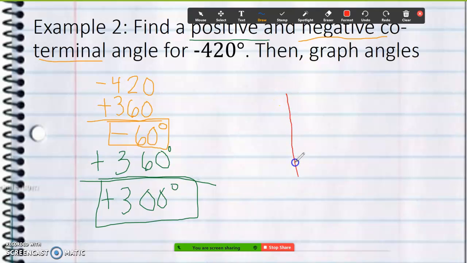When we graph negative 420 degrees, we're going to start right here, and because it's negative, we're going to go at least one time around, because that's 360 degrees. Then we're going to go negative 60 more degrees to get 420.